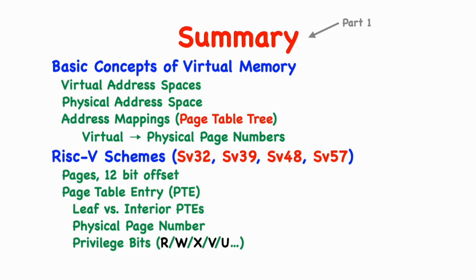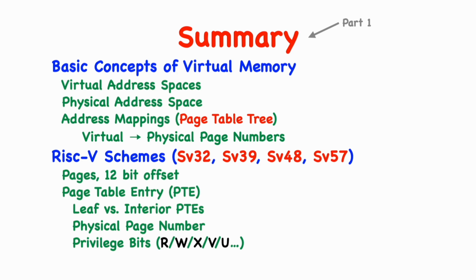In this video, we introduced the concepts of virtual address spaces and the physical address space, and showed how each is divided into a number of pages. We talked about how a page table is a mapping from virtual page numbers to physical page numbers. Each page is 4 kilobytes in size, so the offset into the page is the lower 12 bits of any address, and the upper bits give the page number.